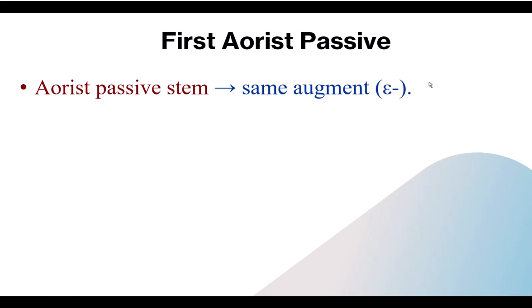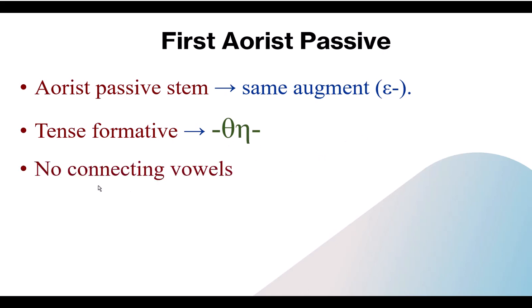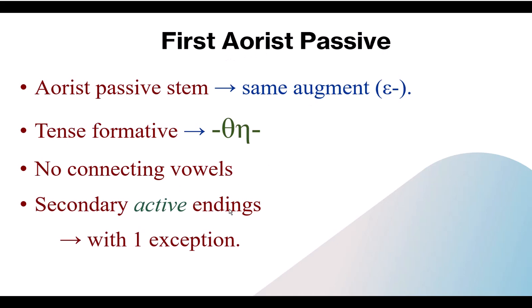The epsilon, when there's a consonant, or if there's a vowel, then that vowel gets lengthened. There's a tense formative. It's the, theta, eta. There are no connecting vowels. Typically, if you've got a tense formative, you don't need connecting vowels. And then we have secondary active endings for the first aorist passive. And there's one exception. We'll see that in a second.